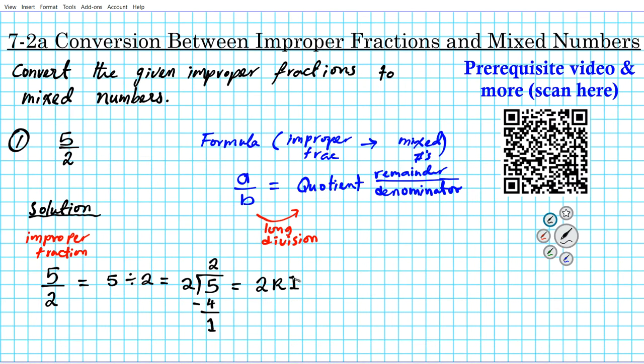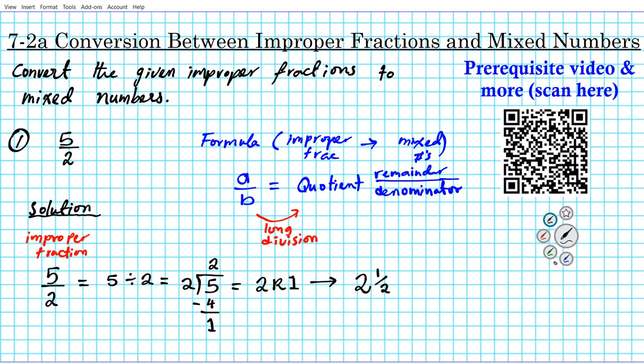So how do we write this particular result in mixed number format? This is how you do it. See the formula up here? You write the quotient first. That's the whole number. And then the remainder divided by the denominator, which is 2.